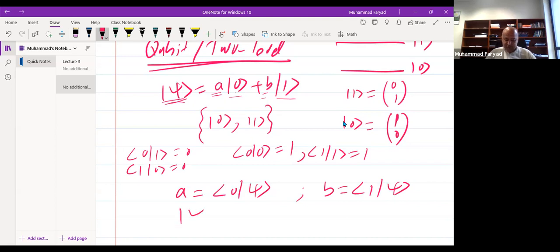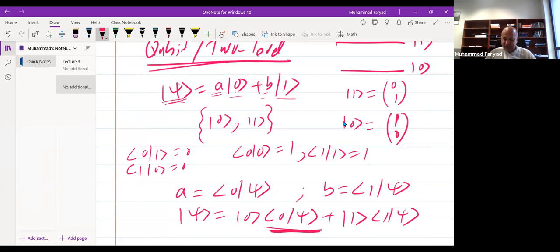So that's why you can write this state psi like this as well. That's how most people would write it, but this is just a scalar. You can write it on the left side or the right side of the 0 and 1.